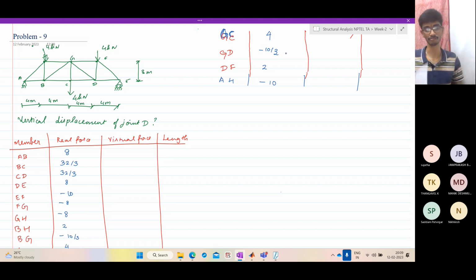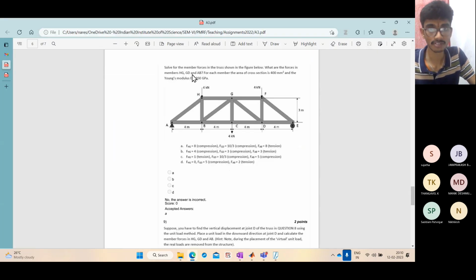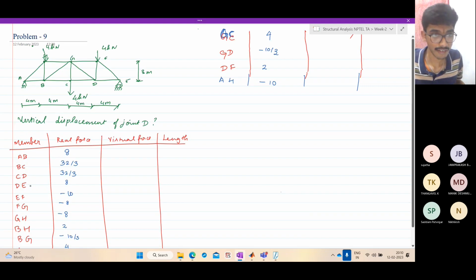Now let us look at the virtual forces. So let me make another page. Or let us check the answer up to this point. Here, solve for the member forces GH. The correct answer is GH is 8. What did we get?